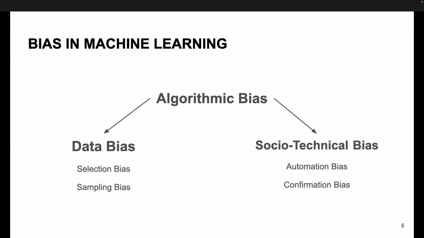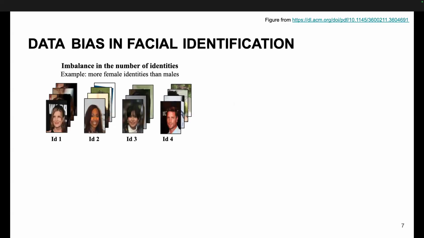Obviously the ways in which people interact with those systems is super important, but for this audience, we'll acknowledge that socio-technical bias exists, but focus on algorithmic bias and forms of data bias in facial identification, where there are types of data bias you might not think about for other applications.